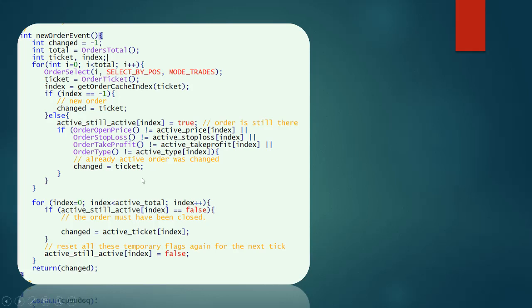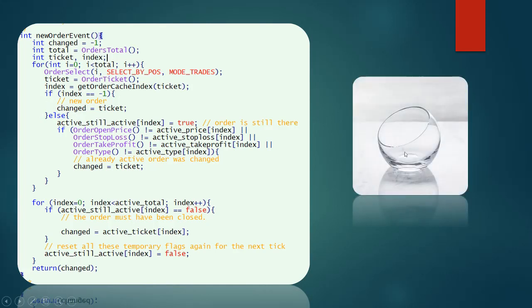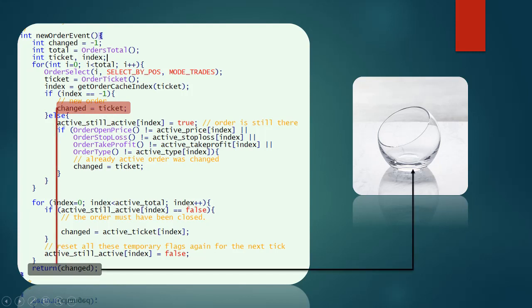In this function, we have several different parts, and also we have a pool, and we want to record our ticket to the pool. So first we get the ticket. You can see my comment here: find a new order, and we give the variable the ticket number and then return it to the pool.